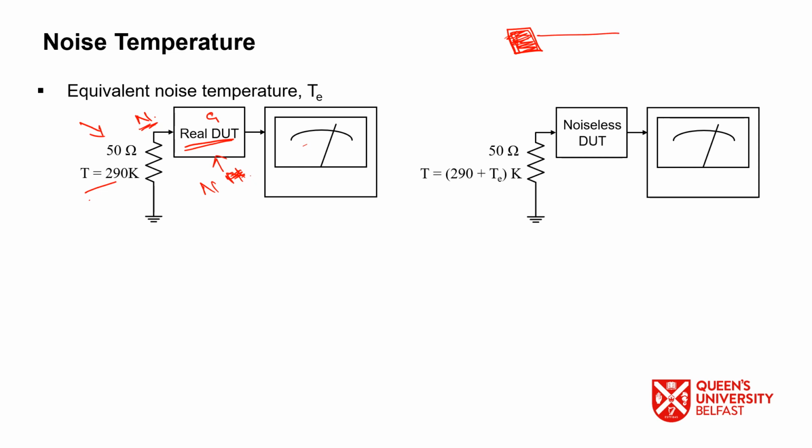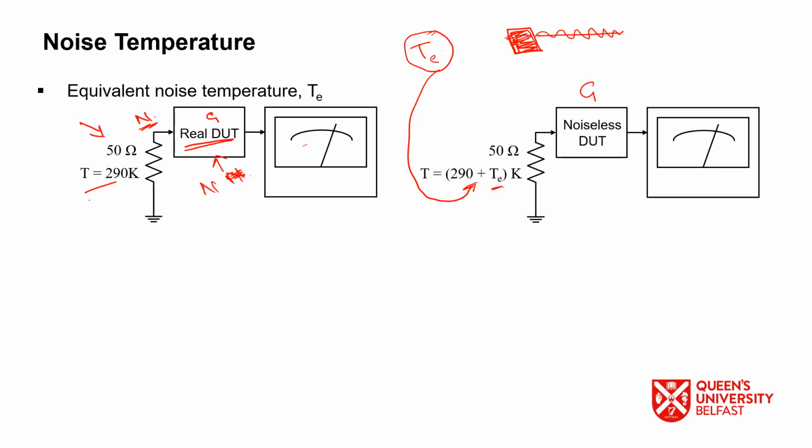So what if I increase the temperature of this receiver from ideal to TE? Then there will be a little bit of noise created here. If I add this TE into the temperature here, that is a non-ideal temperature, then I can consider my DUT as completely noiseless. So it will only have G value.